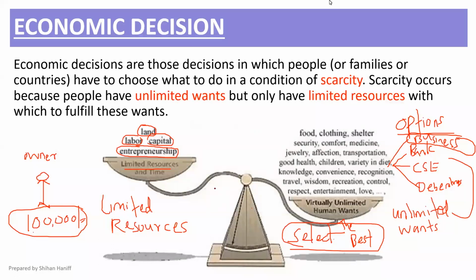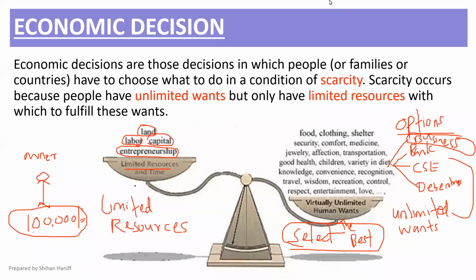This concept is called the economic decision. Since the stakeholders can't satisfy all their wants, they sacrifice and select the best option and sacrifice everything else.